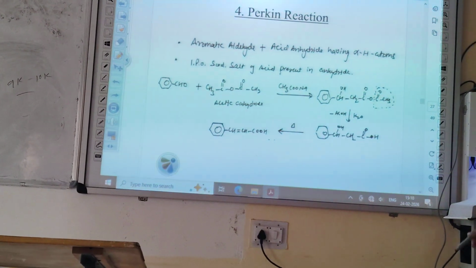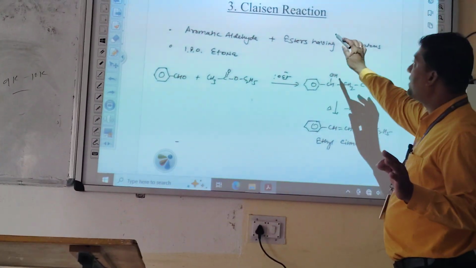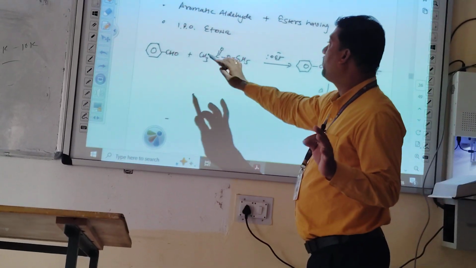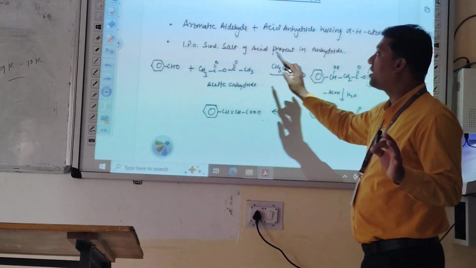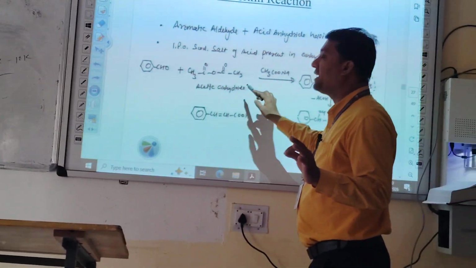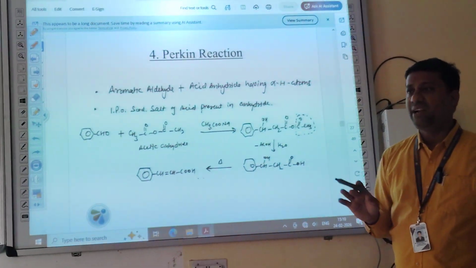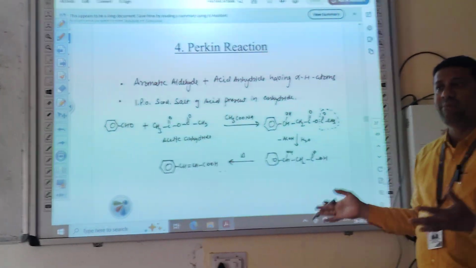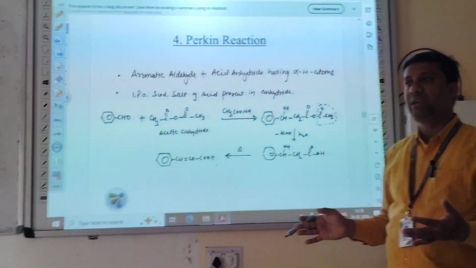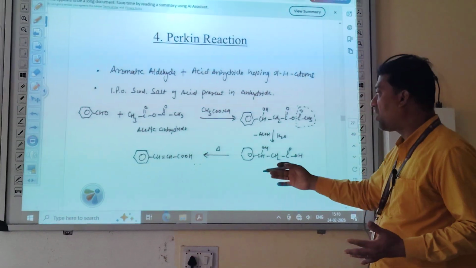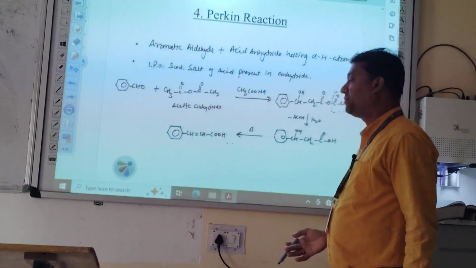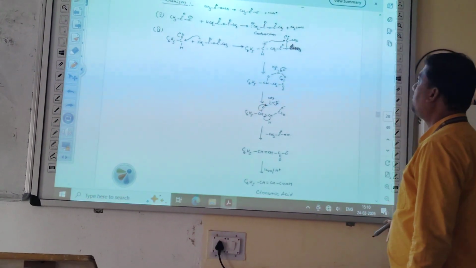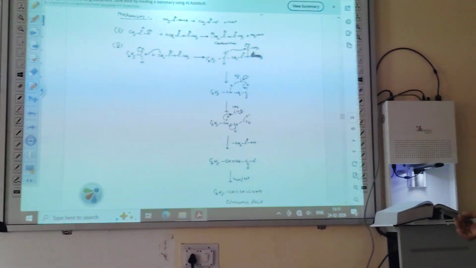In the Claisen reaction, it is benzaldehyde plus ester. In the Perkin reaction, it is benzaldehyde plus acetic anhydride. All these naming reactions belong to one category, and the products formed are also the same, alpha beta unsaturated compounds. Okay, this is the mechanism.